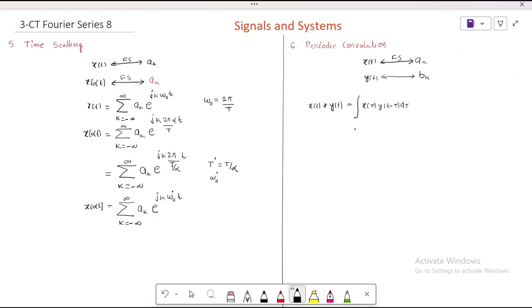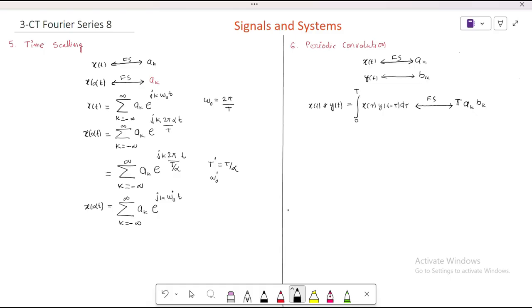These are periodic signals, so we do the integration within one time period. Convolution in the time domain becomes multiplication in the frequency domain, so ak into bk. But the formula by default has the 1 by T, so here we will get an extra T multiplication. So this is about periodic convolution, a simple thing.